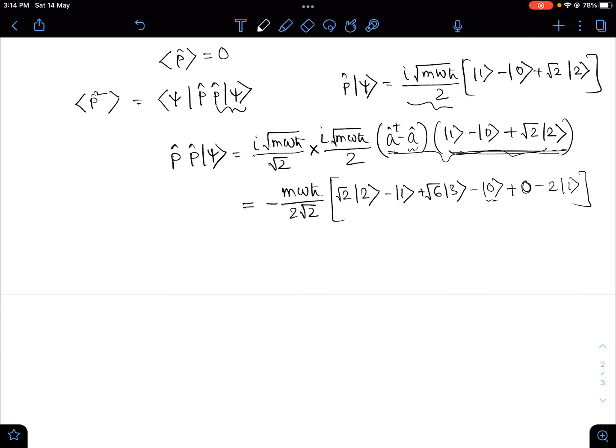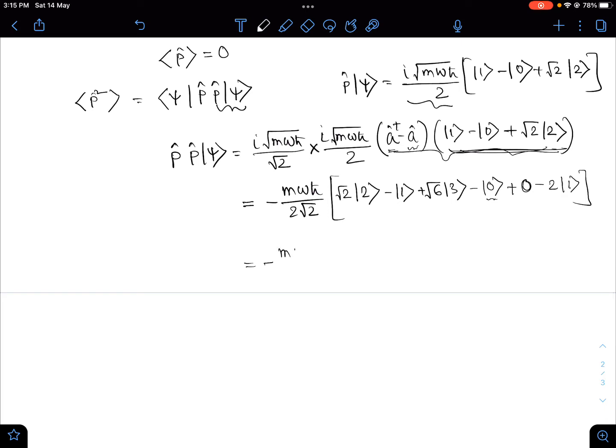If we simplify this, we will get minus m omega h cut by 2 root 2, and here we have root 2 |2> minus 3|1> minus 0 plus root 6 |3>.